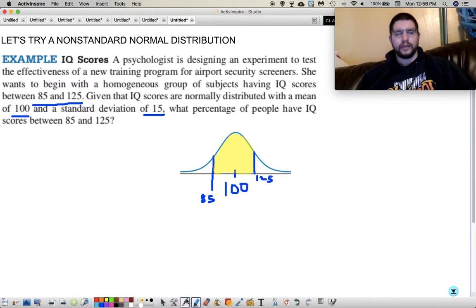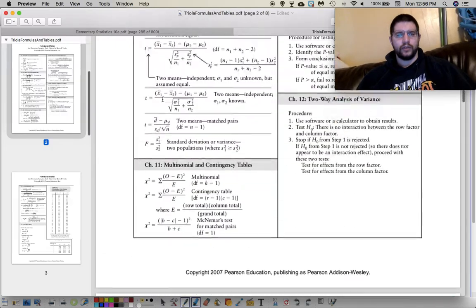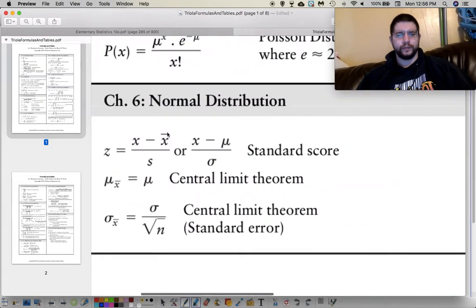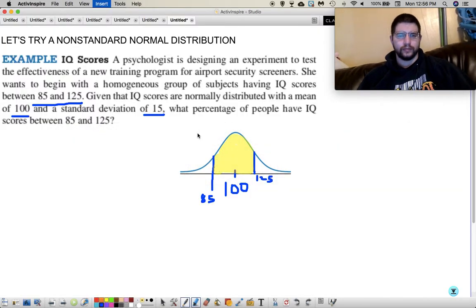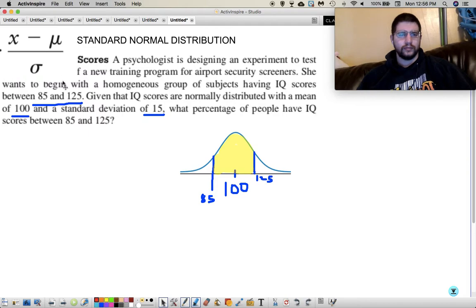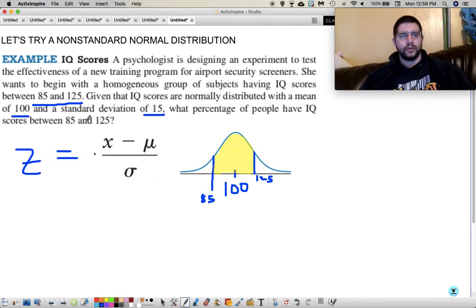The first thing we need to do is standardize, normalize these scores, standard normal. So we're going to use that formula on our formula sheet right about here. This formula, z equals this. So I'm going to convert these two scores, the 85 and the 125, to standard normal z-scores.